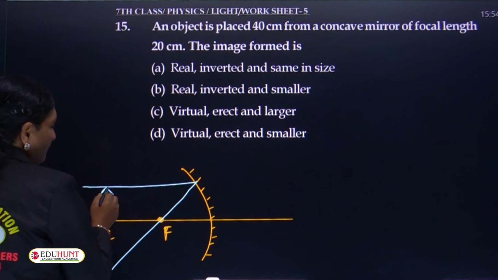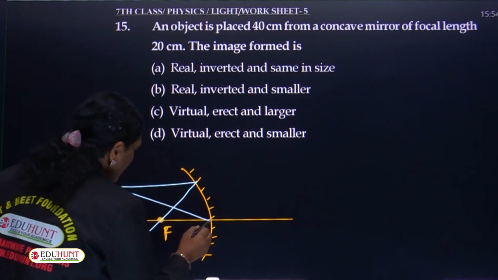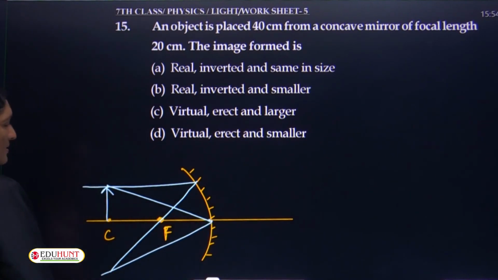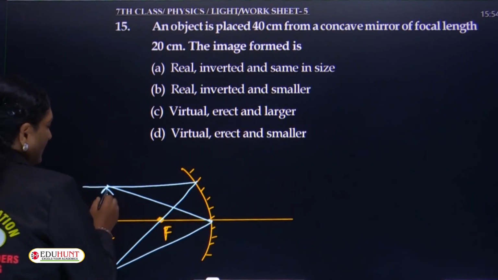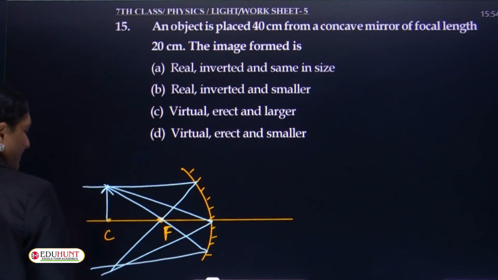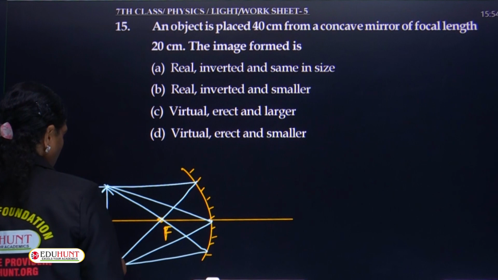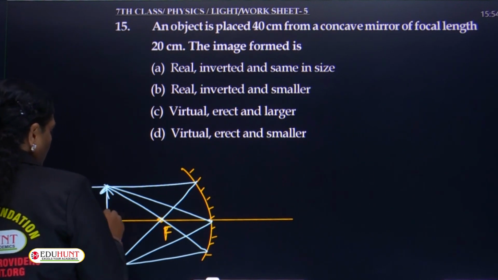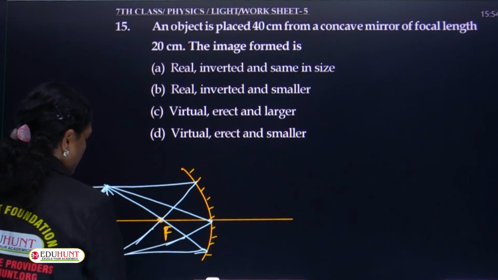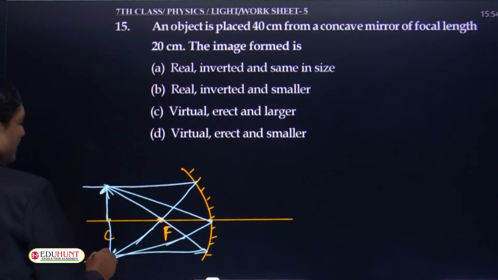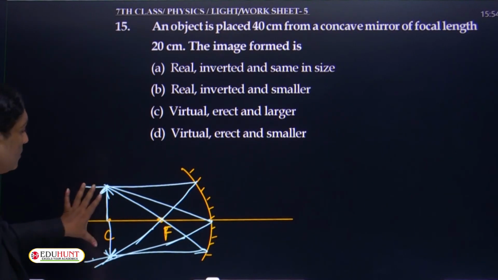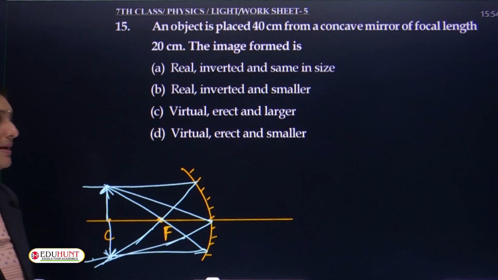Similarly, the beam of light rays which are incident on the pole moves back along the same path. Similarly, the rays which go through the focus will go straight. If you observe all these cases, the meeting point is where the image will be formed, at the center of curvature only. So no doubt the size of the image remains the same.